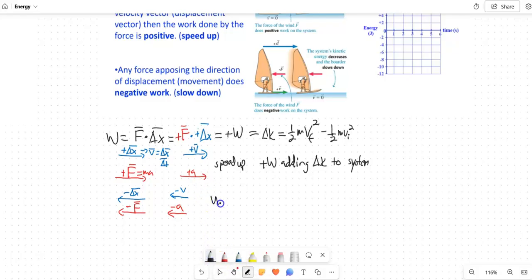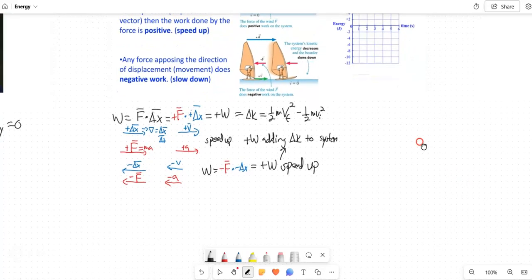So here we have our work function, which is equal to a negative F vector times a negative displacement vector, and that also results in a positive work, which is speeding it up, which means it's adding kinetic energy to the system. So as long as those force vectors and displacement vectors are in the same direction, you're adding kinetic energy to a system, and that is what positive work means. Okay?